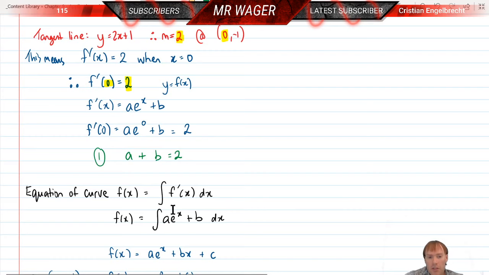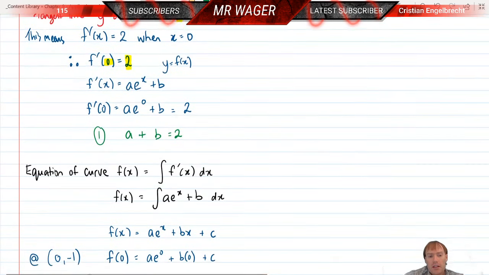So putting them together, a e to the x is the antiderivative of that bit there. Okay, so that makes it nice and easy. The antiderivative of b just becomes bx. And then when we take the antiderivative of all these things, we need to have a constant on the end. So plus c.